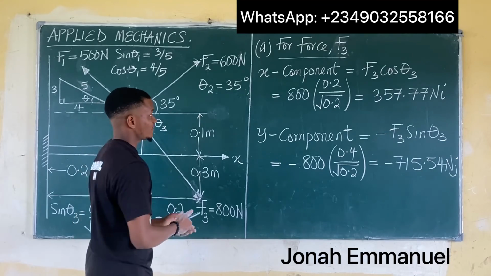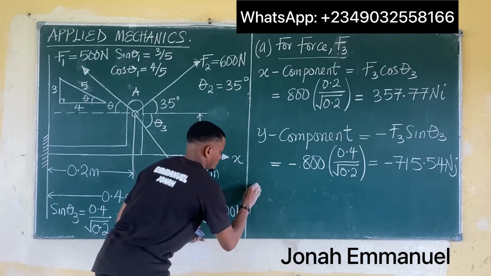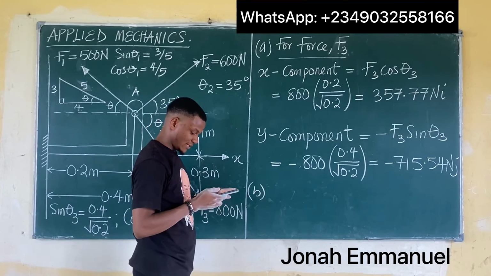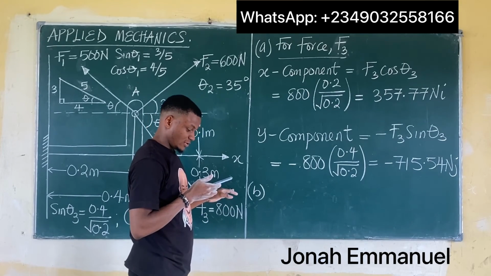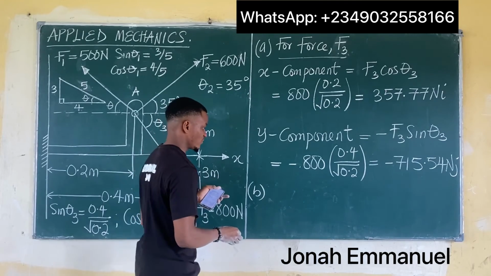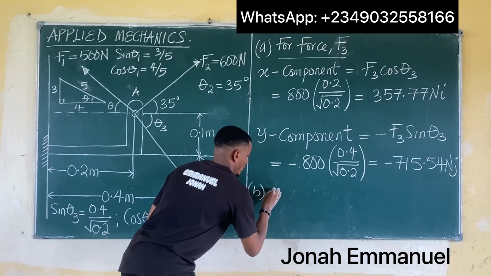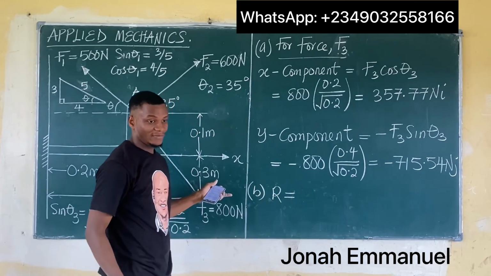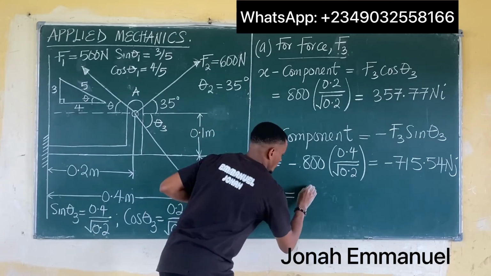Let's do the B part. The B part now, let me check my question again. The B part says the resultant force R in vector form.